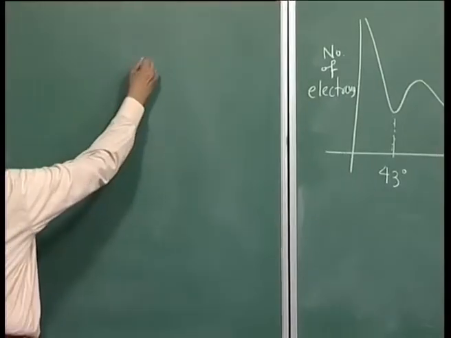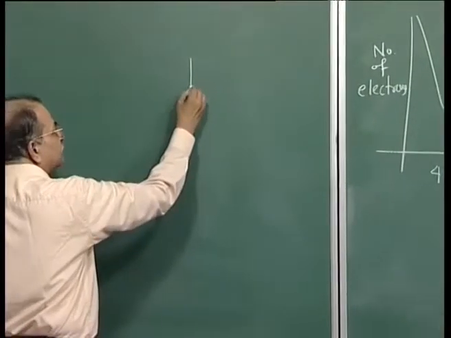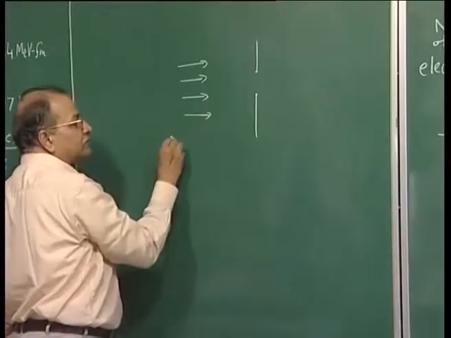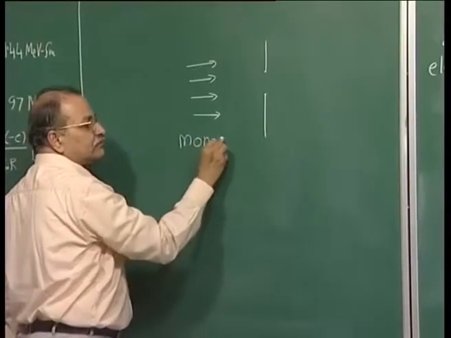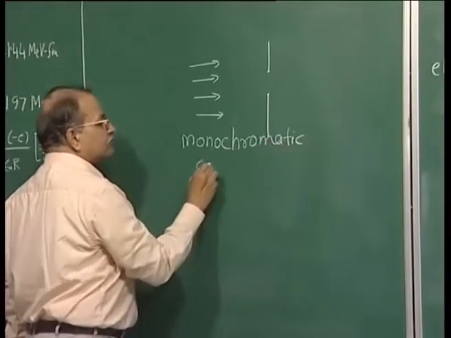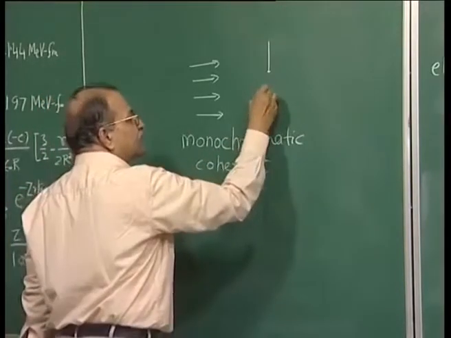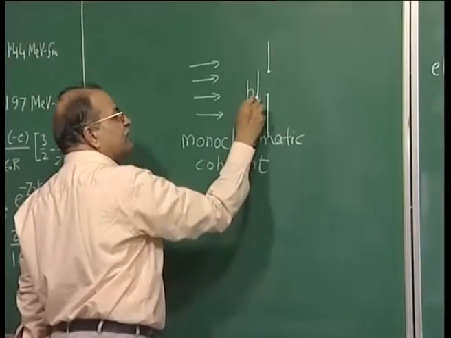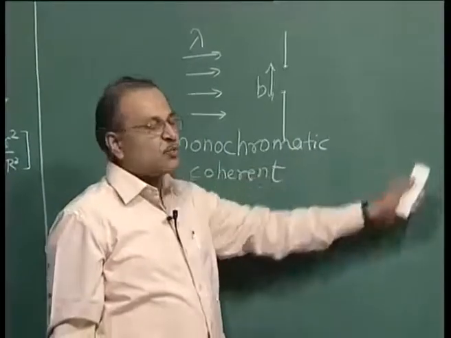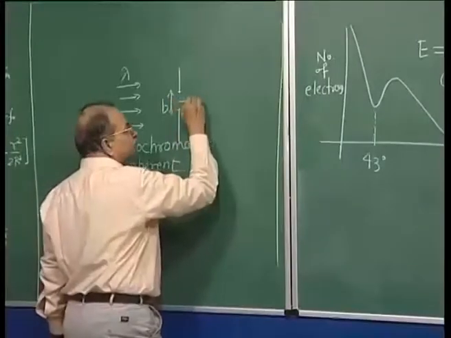If you have a single slit of some width, and monochromatic coherent light is coming this way, with slit width generally written as b in the books and wavelength lambda, and at a large distance you put some screen and look at the intensity distribution.